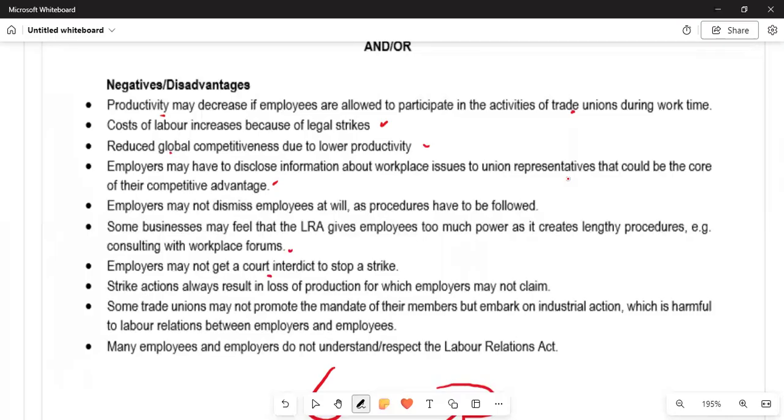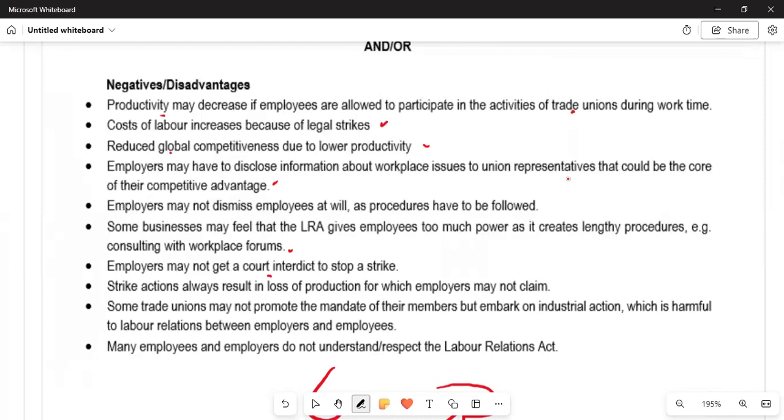And then we've got a normal court interdict, which is a summons. It says that you must appear in court at a certain date and time, and then to stop a strike, the business is given notice.